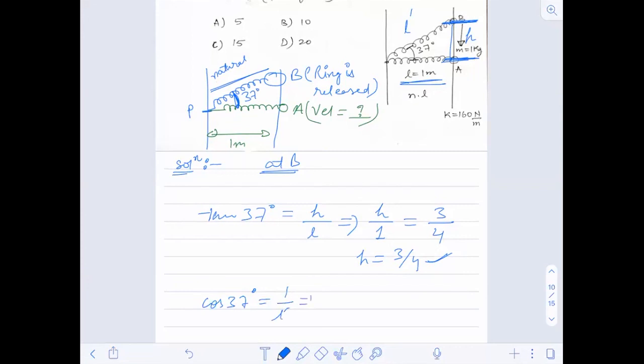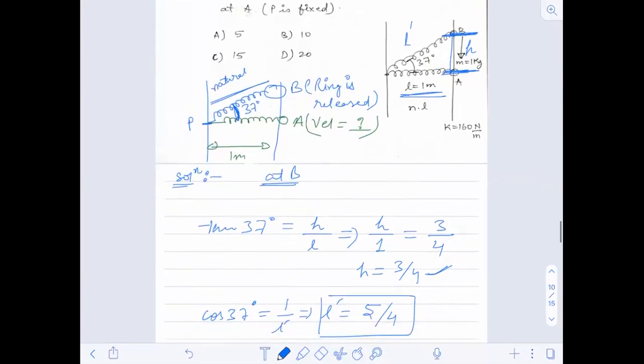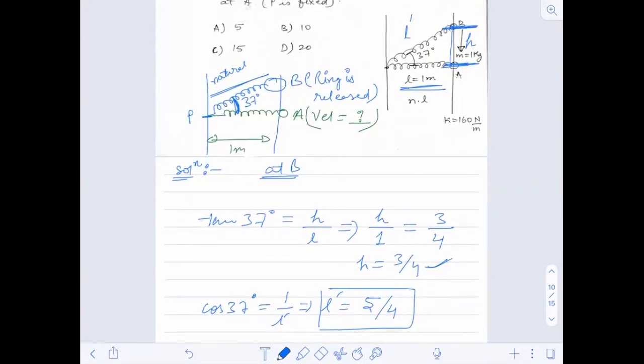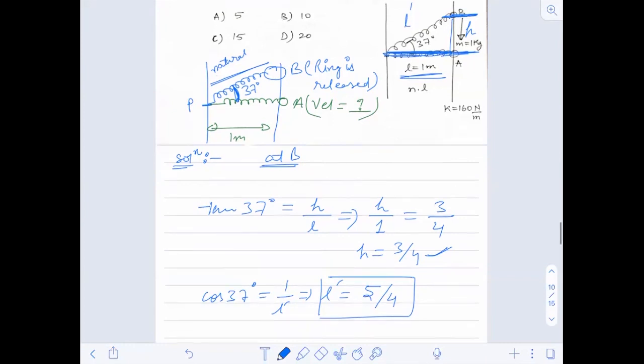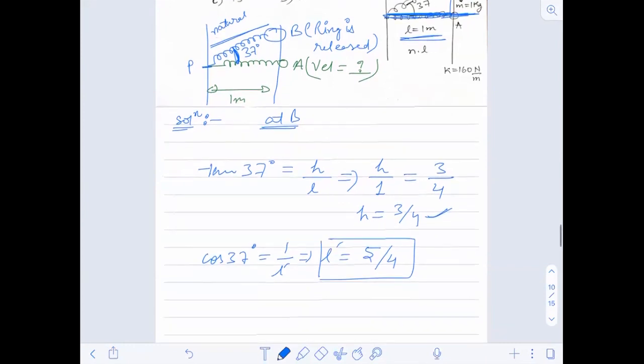So L dash becomes 5 by 4. Initially the length of the spring is 5 by 4 and finally it is L. So the spring at point A is in the compressed state and at B it is in the normal state.